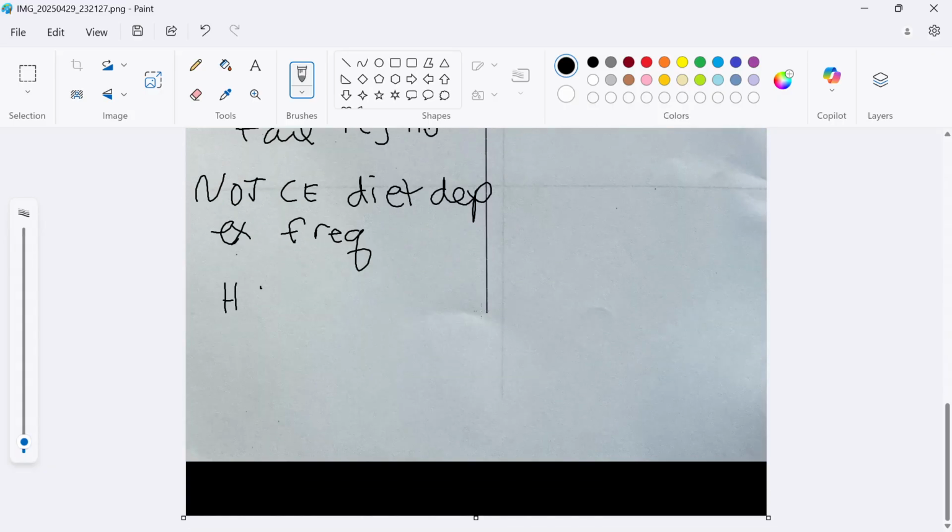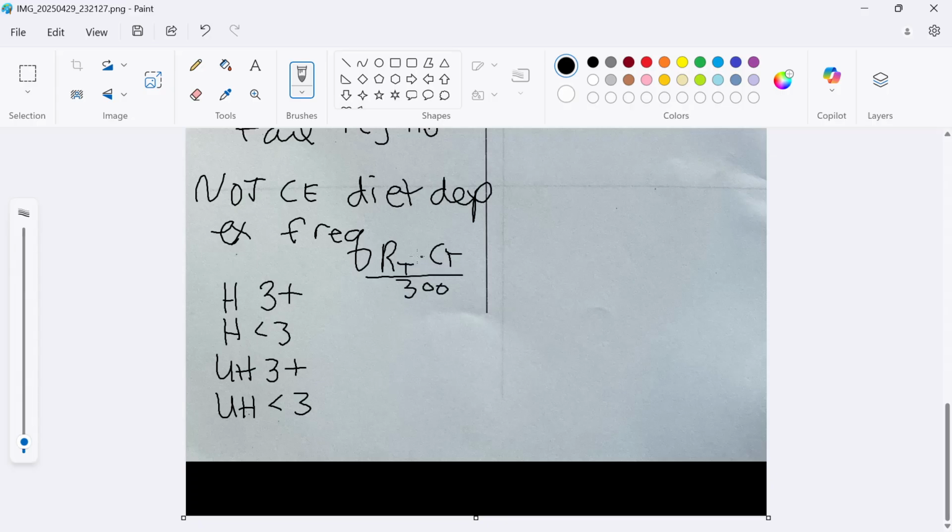Healthy 3+, healthy less than 3, unhealthy diet 3+, and unhealthy diet less than 3. For each one of those, you have to calculate the row total times the column total divided by the sample total, which is 300 in this case.